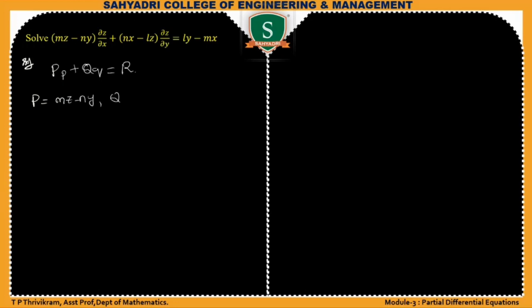Next Q is nx minus lz. Next R equal to ly minus mx.